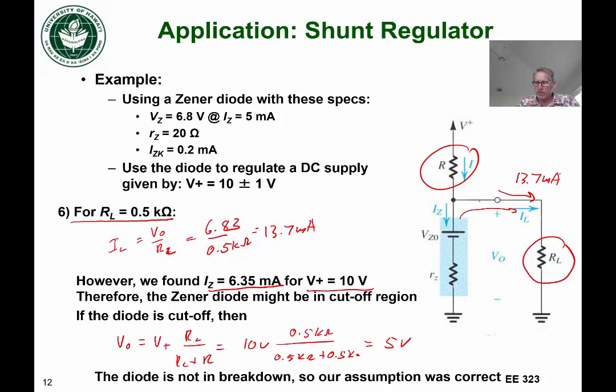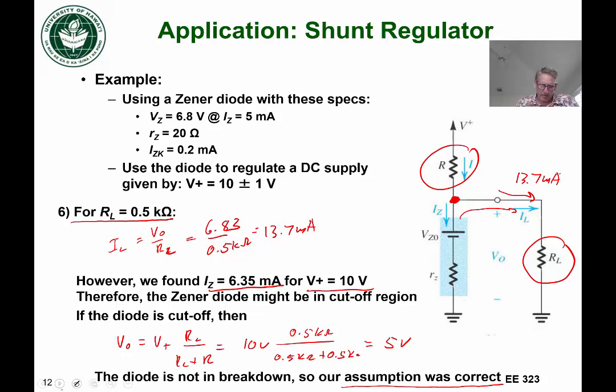So clearly this voltage at the output is now not high enough to break down the Zener diode, and the Zener diode is off. And so our assumption was correct that this couldn't happen and that this is no longer being regulated by the Zener diode.